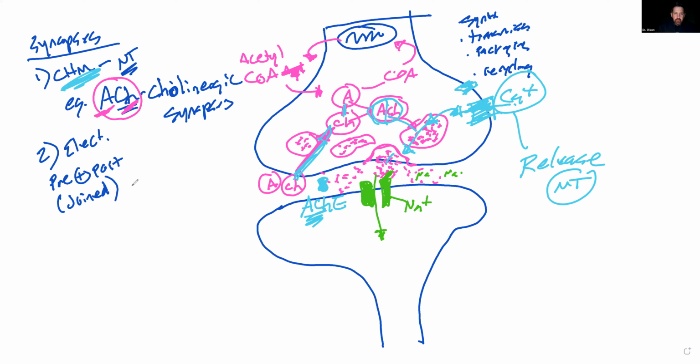And I just want to hit a couple points here too. We have something called, let's write it down here, synaptic fatigue. This is basically when the rate of the neurotransmitter release, this part right here, surpasses the rate of the recycle.